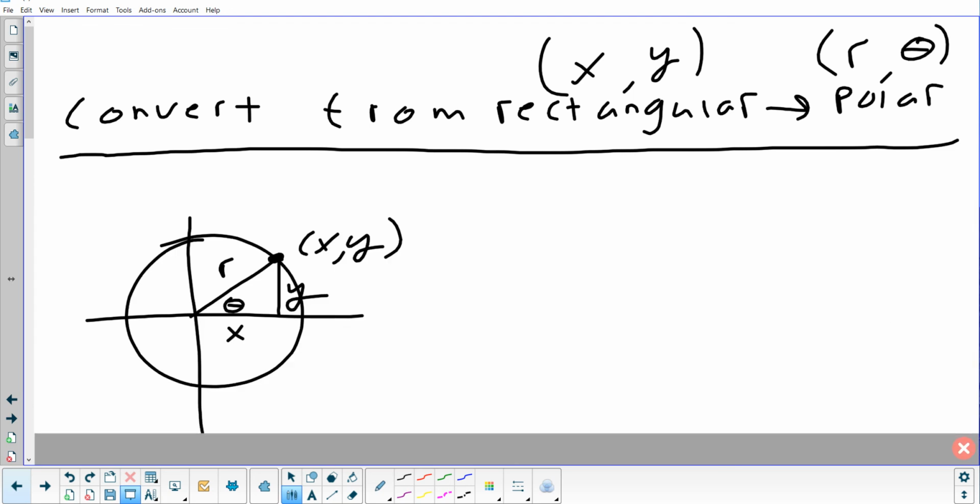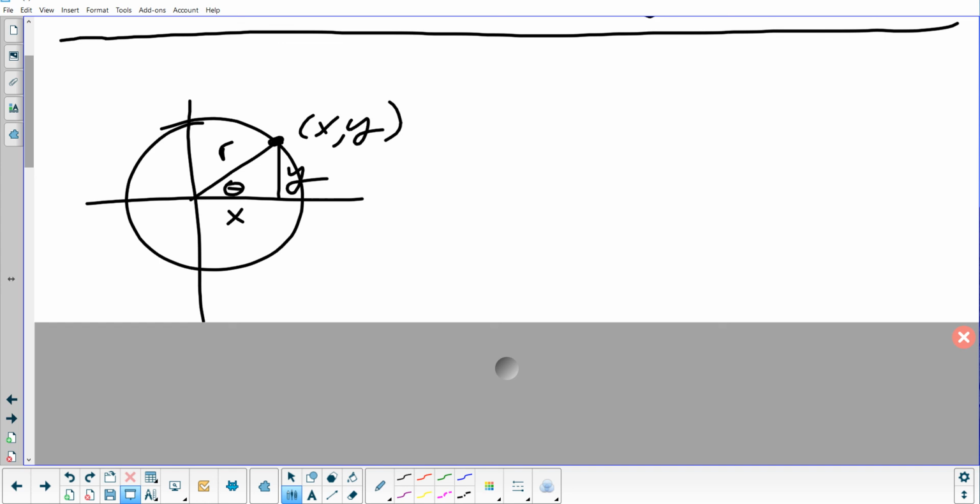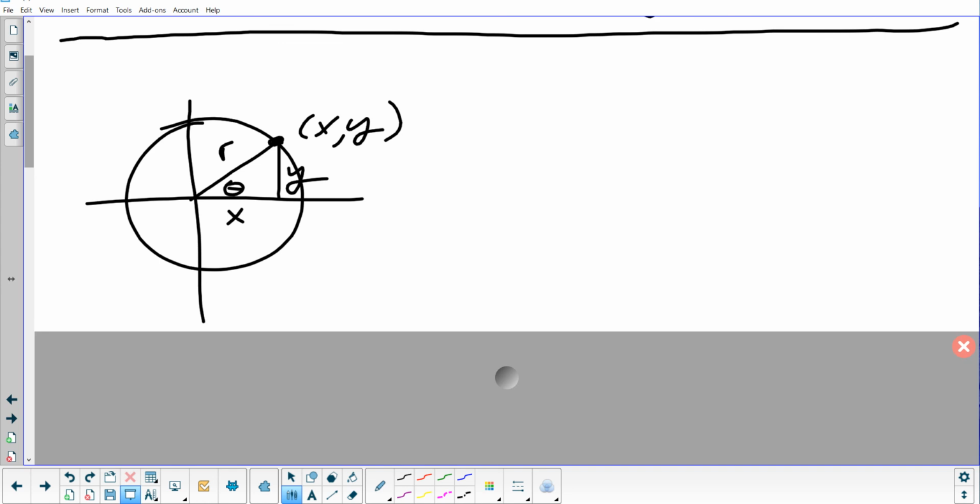So I've drawn the same type of diagram, except this time you're going to know the x and the y. So how can you find the r? Pythagorean. Yep. We can use the Pythagorean Theorem, and I'm going to write this down in a second, to find r. Now, how would you find the angle if you know those two?